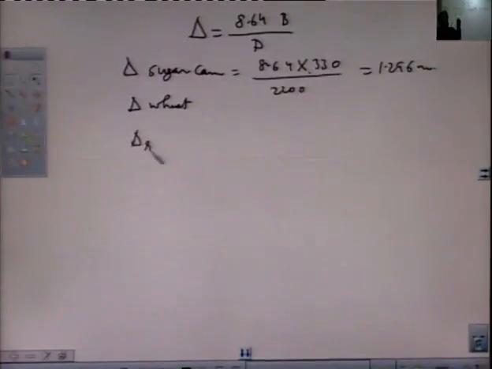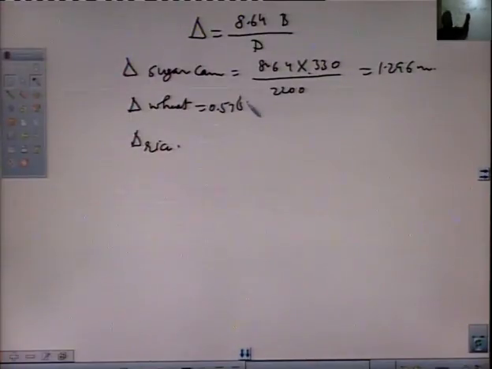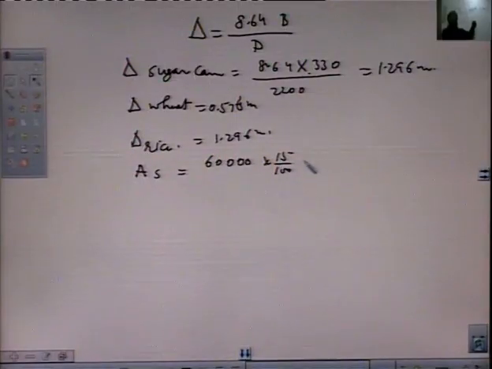Similarly, delta for wheat and delta for rice can be worked out as 0.576 meter and 1.296 meter respectively. Then area under sugarcane, because the intensity of sugarcane is 15%, is 9,000 hectares.